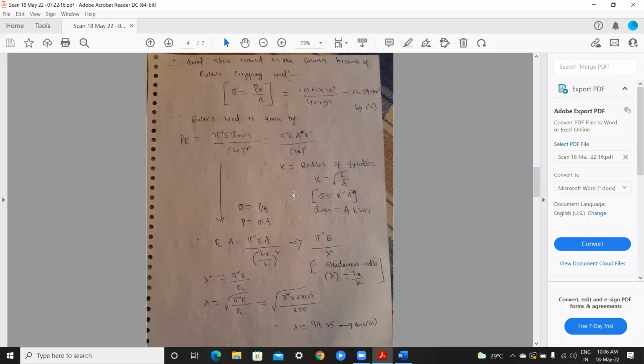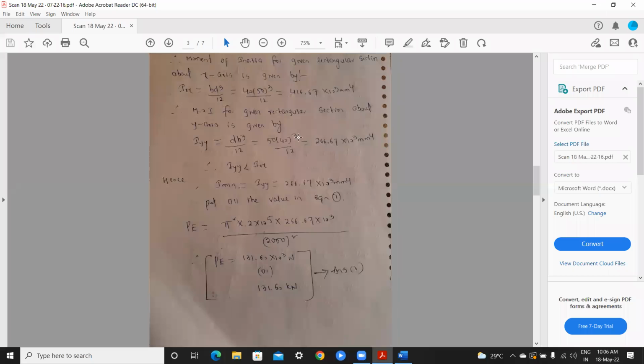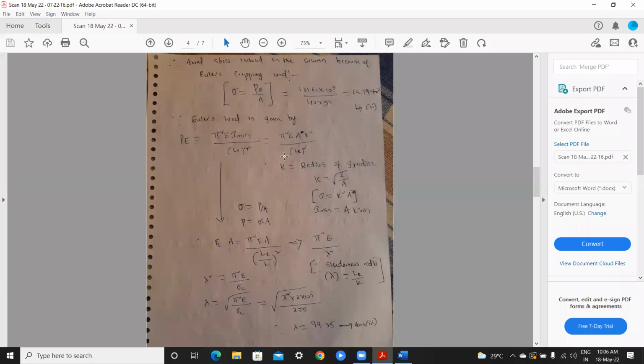Now just see how we can convert this formula into the slenderness ratio. In pi square E I minimum by L effective, can we write I minimum equal to A K square?